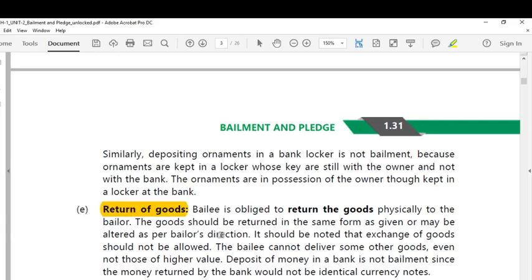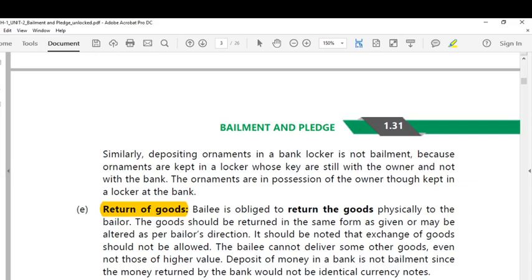Return of goods. The bailee is obliged to return the goods physically to the bailor. The goods should be returned in the same form as given, or may be altered as per the bailor's directions.